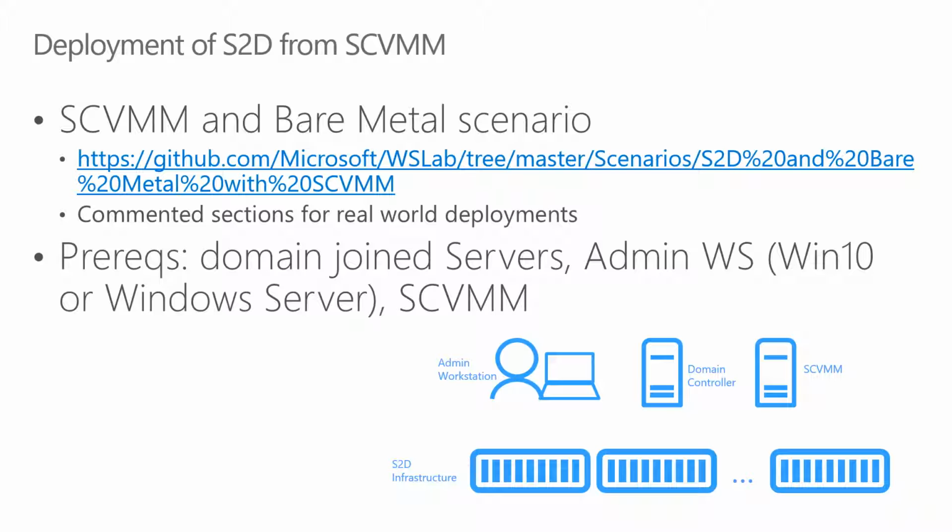Then you can set up PXE on the SCVMM or even a different machine you decide, by just following the SCVMM and bare metal scenario. The prerequisite is to have Windows as admin workstation, domain controller, and some machine for Virtual Machine Manager. It can also be running on a DC, it doesn't matter. For the lab, it's okay. For production, it's not okay at all.